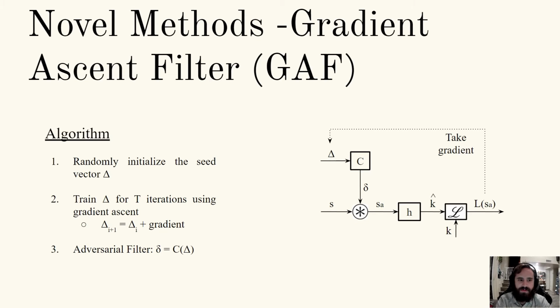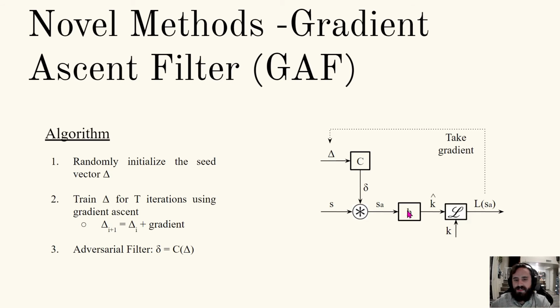But again, that's not exactly feasible. A novel method for producing an adversarial filter that we propose in this paper is called the gradient ascent filter, or GAF. The algorithm is as follows. We randomly initialize the seed vector, capital delta, and we use a filter creation function to convert the seed vector into the filter, lowercase delta, that is convolved with S to produce the adversarial example.